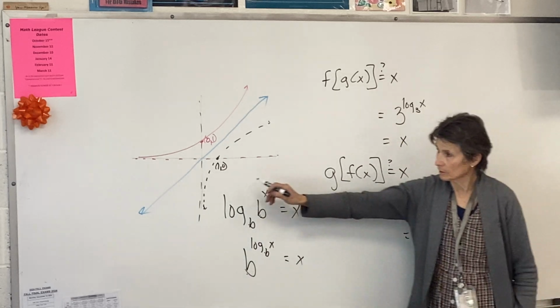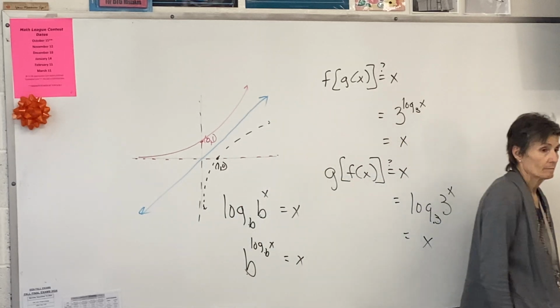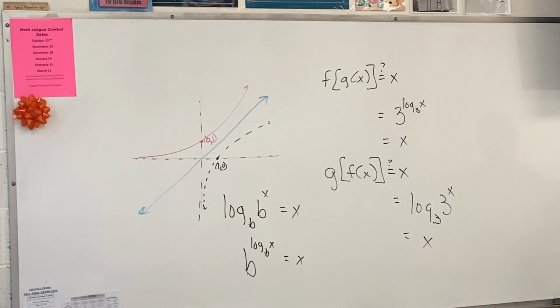Did you get a picture that looked like this black one? By flipping the ordered pairs? Or folding across the identity? You good?